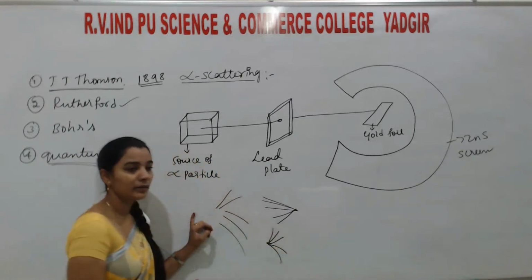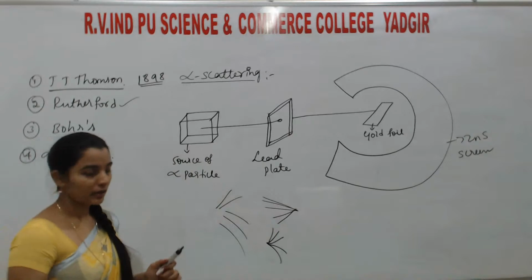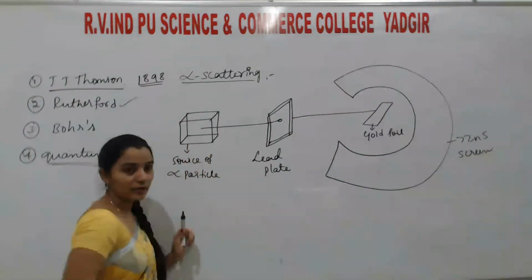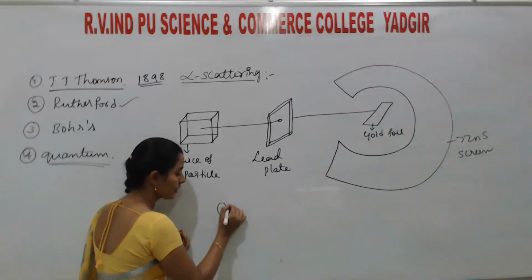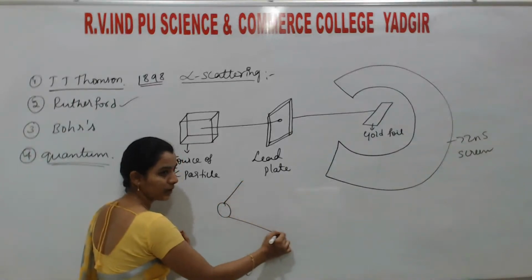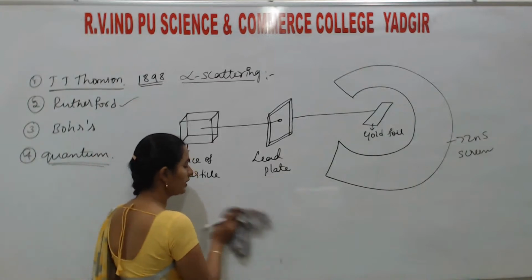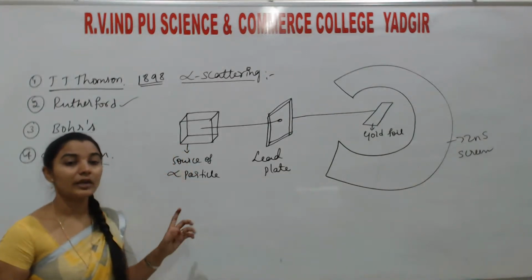Think of automobile headlights. Those headlights are an example of scattering of light. The light just covers that much of space. So that is what scattering of light means. The light splits, it diverges.